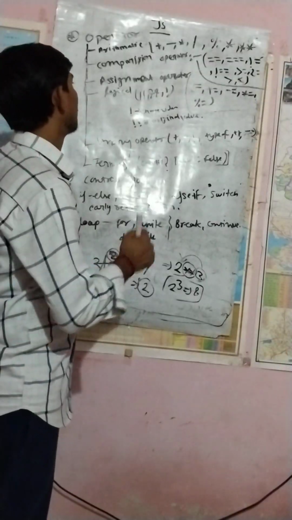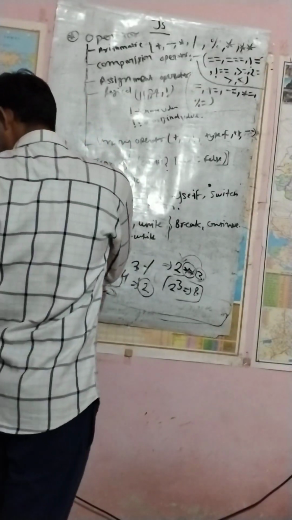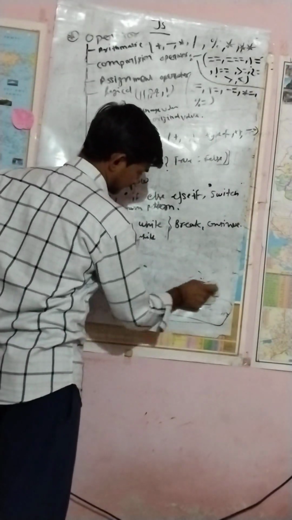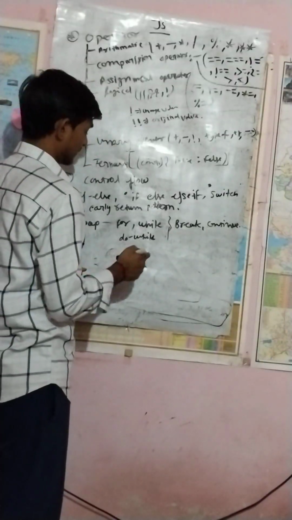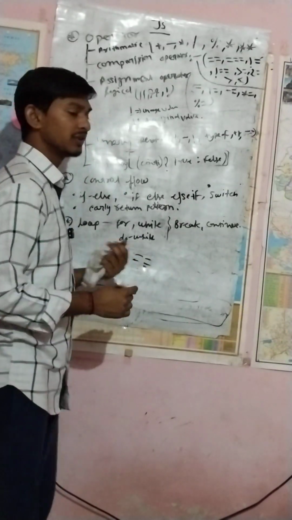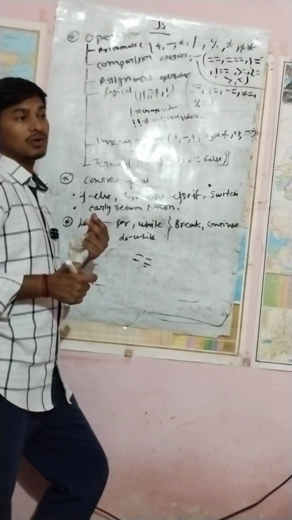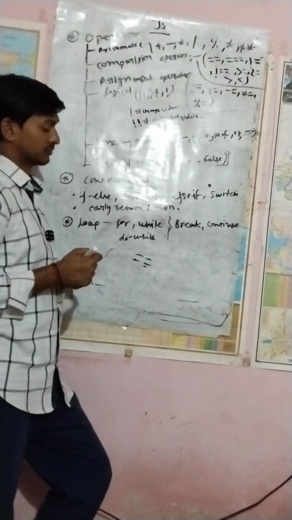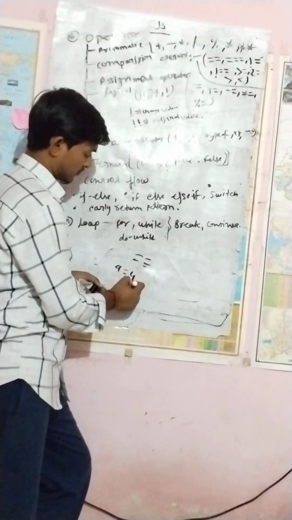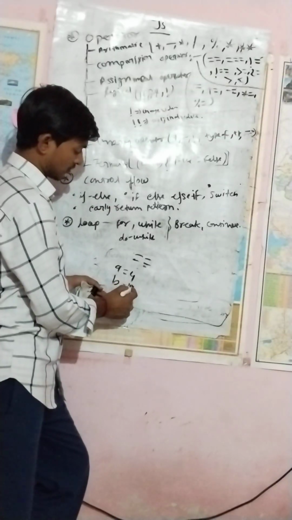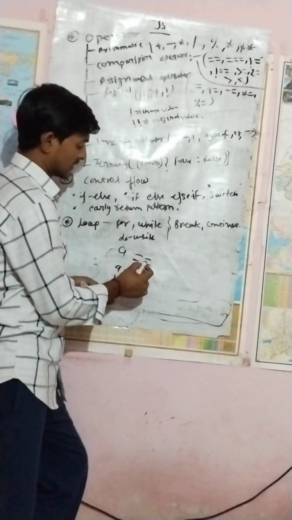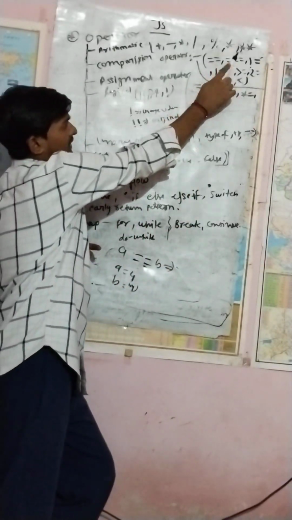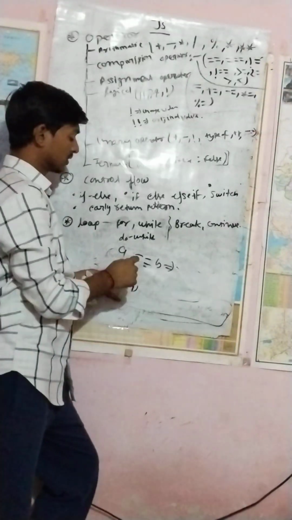Then we come to comparison operators. First is double equal, which compares only the value. Suppose we write a equal to 4 and b equal to the string 4. If we write a double equal to b, it will give you true. Then there is triple equal.